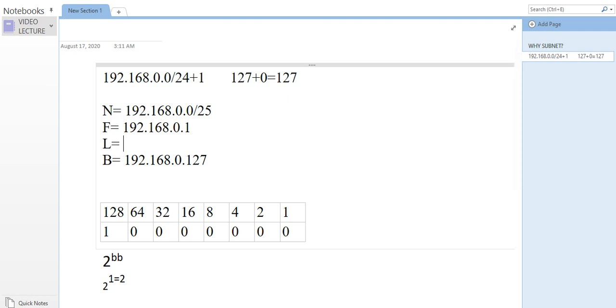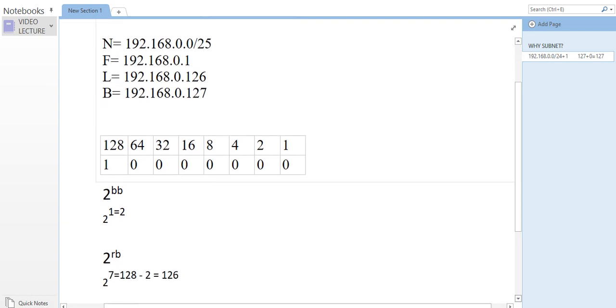For the last valid IP address, we have to subtract 1 instead from 127 right here. So it will be 192.168.0.126. So the valid host range, if you look at it right from here, is exactly what we're looking for. You can see that 126.